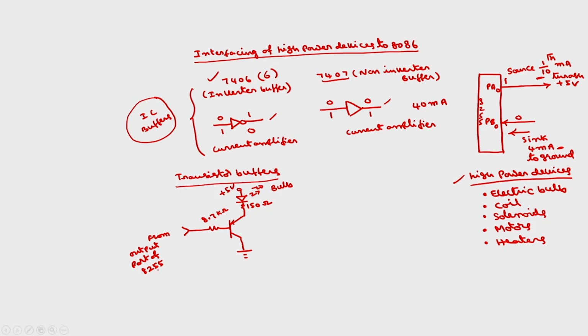Now the advantage of this setup is that it uses an NPN transistor. If it is PNP also, a similar type of configuration will be there, only the resistor values will be different and the connections are somewhat different.